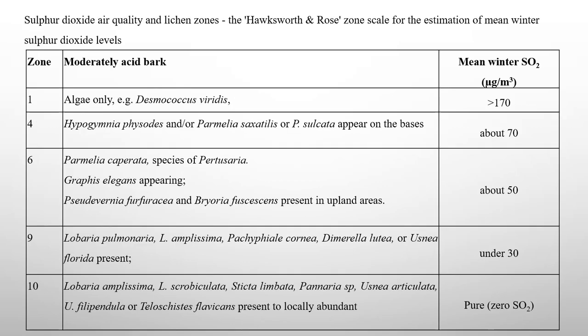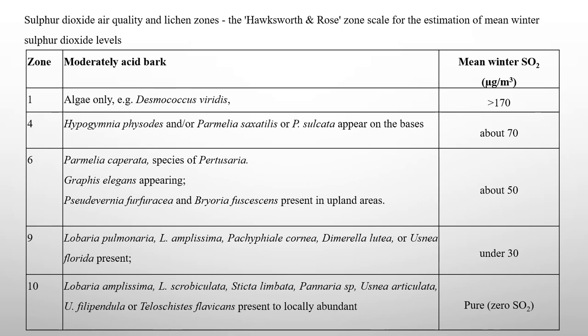This table shows the sulfur dioxide air quality and lichen zones. Depending upon the amount of sulfur dioxide present in the air, the lichen zones are divided into mainly 10 different zones.